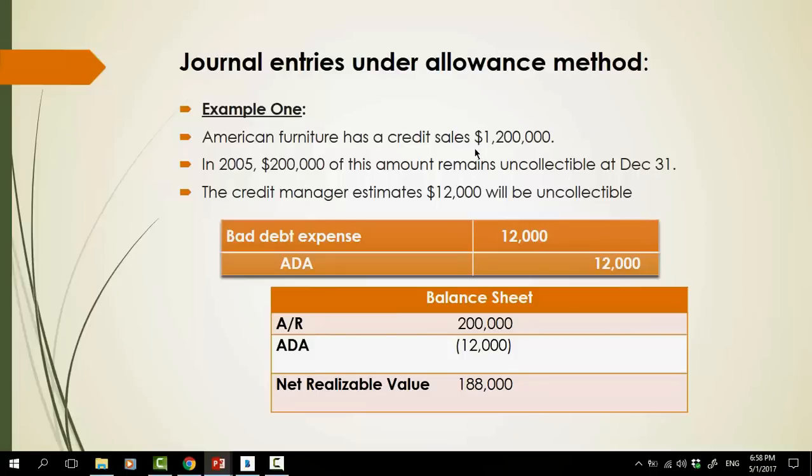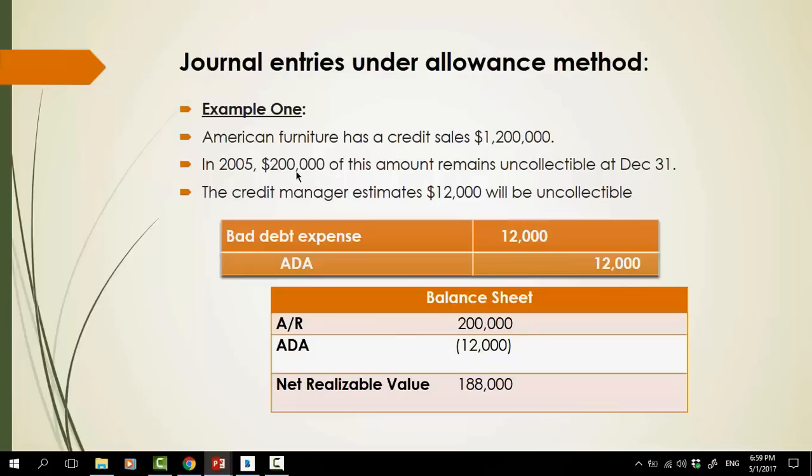The credit sales are the sales during the year. I sold merchandise during the year with $1,200,000. At the end of the year, $200 remain uncollectible. This means that the accounts receivable is $200. This means that we have collected during the year from the net credit sales 1,200,000 minus 200, 1 million.